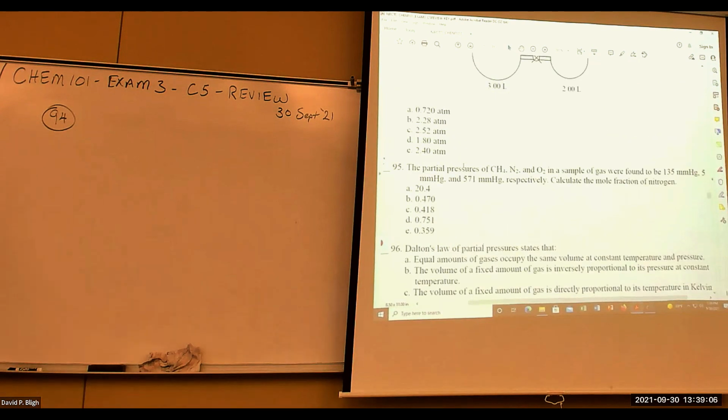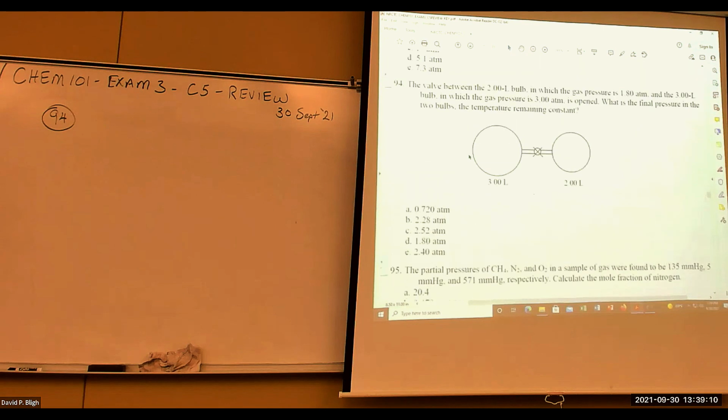And scroll. How do we solve this problem? We've got these two bulbs of gas connected by a valve. That's what that means right there. One of them is 3 liters and the other one's 2 liters.